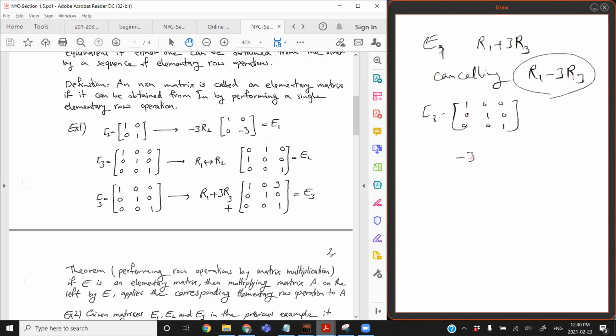I'm going to get negative 3 here: 1, 0, negative 3, 0, 1, 0, 0, 0, 1. Yes? So this would be E3 inverse. And again, you can check this. If you multiply E3 inverse and E3 in any order, you'll get the identity matrix I3 back.